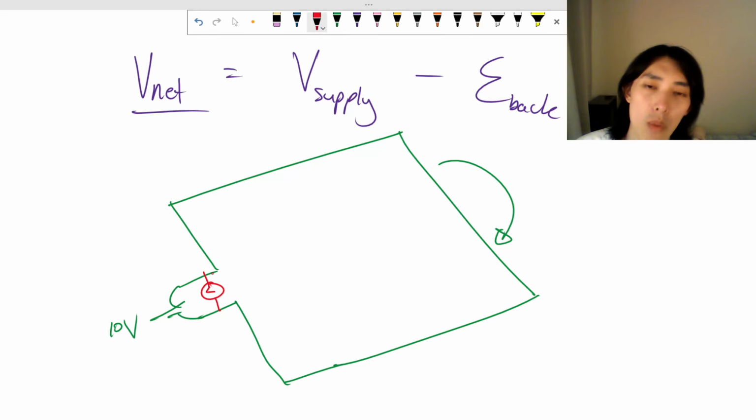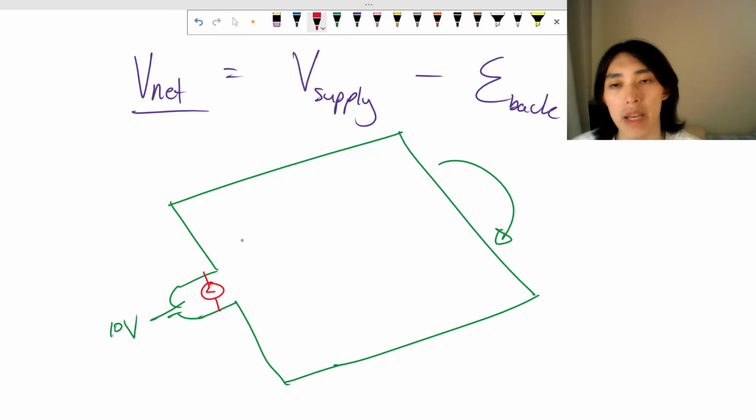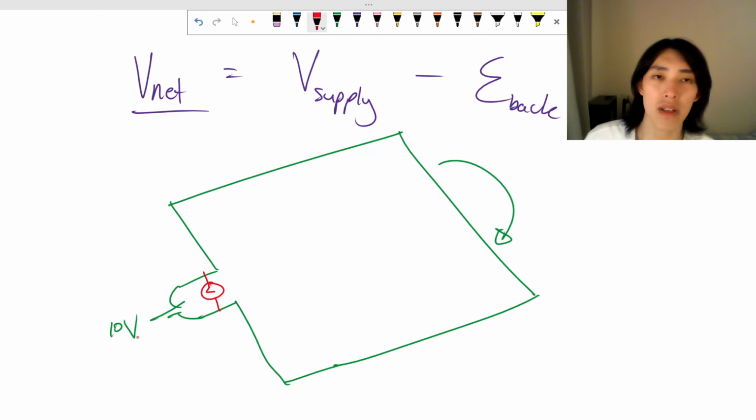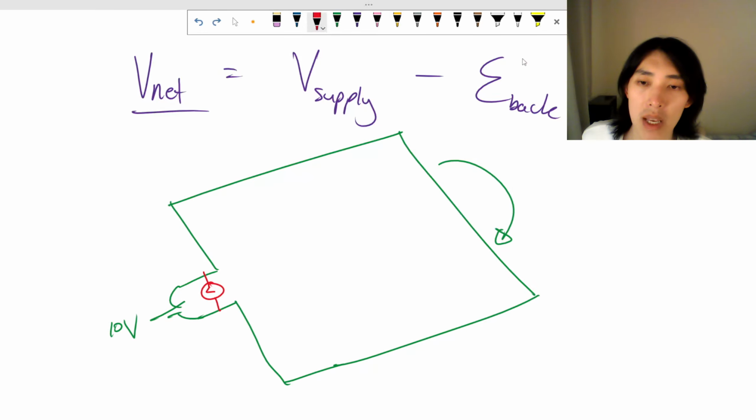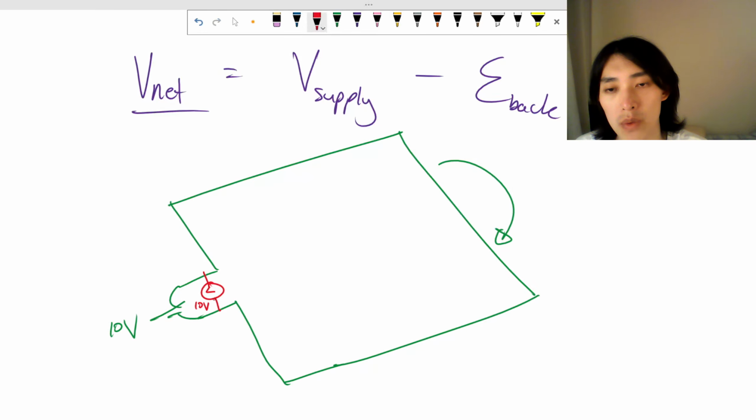You might think, well, you know what, Bob, because it's rotating, you have some Vsupply, then surely the voltage that I measure across the end should be less than 10 because there's back EMF being involved. But actually here we'd still measure 10 volts.